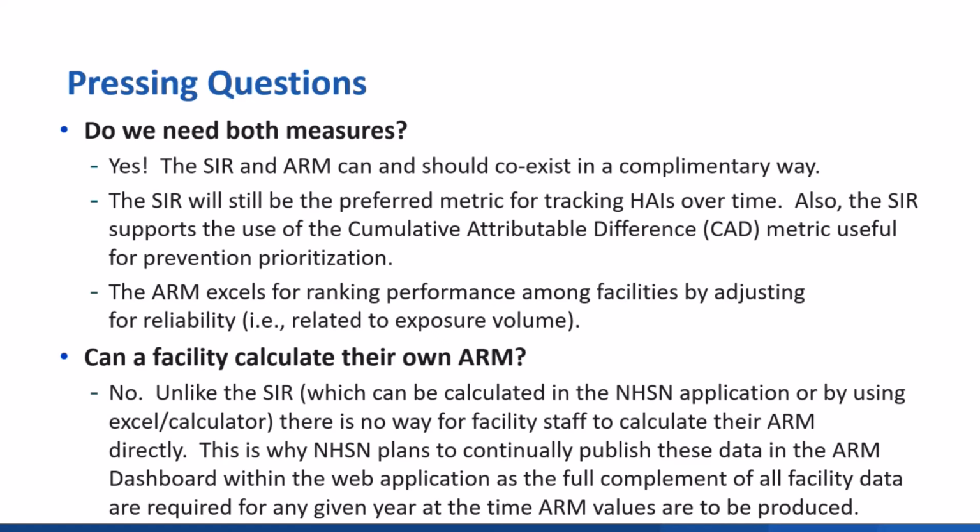The ARM requires knowledge about the entire distribution of hospitals to kind of set how much things get shrunk and not shrunk. So there's no handheld formula we can give you for the ARM. So this is solely going to be in dashboards, and we will publish these data.